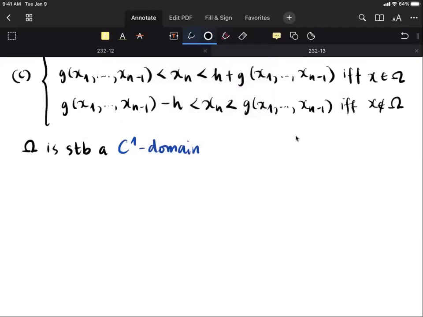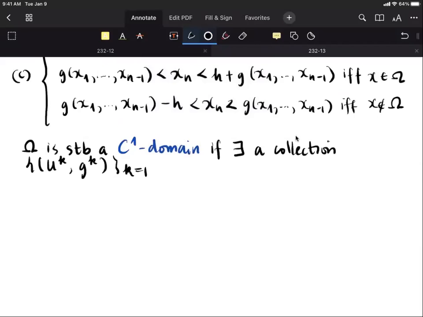if we can find a collection of parameterizations Uk, gk. So you can have different open sets and different maps g.